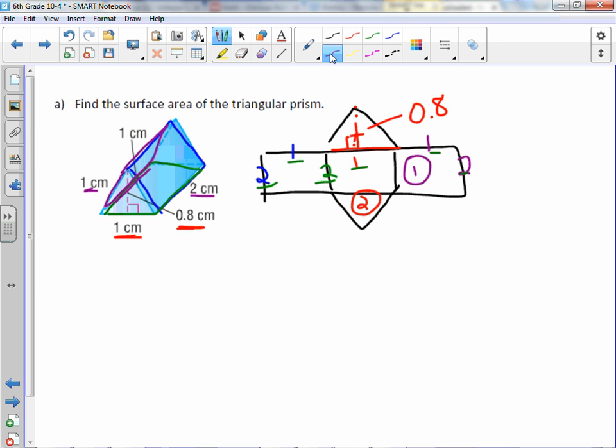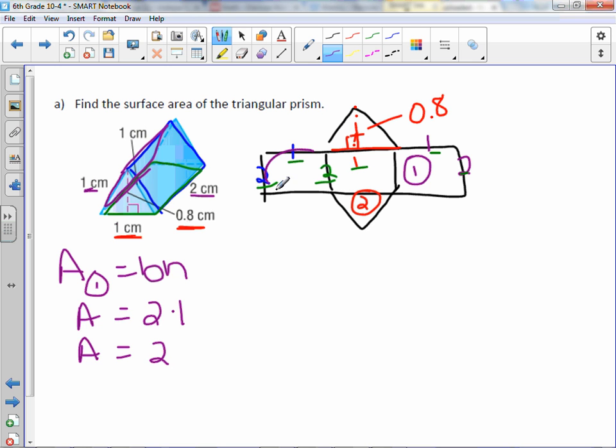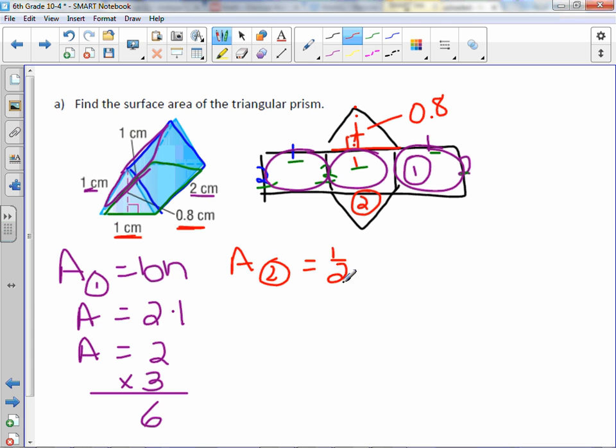So let's find the area of shape 1. It is a rectangle and it's base times height. Its base and height are 2 times 1, which is 2. And remember, there are 3 of them. So multiply it by 3 rectangles and we get a total area of 6. Now the triangle. Remember, a triangle is 1/2 base times height.